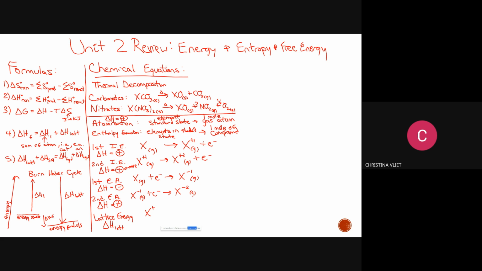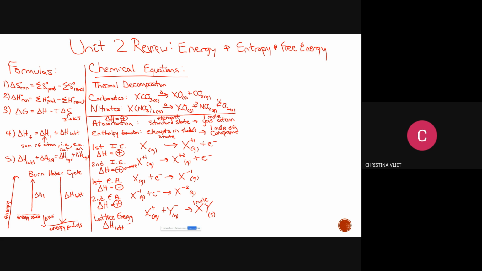It depends on what the ionic compound is, right? X positive gas plus Y negative gas goes to XY, state of matter, to form the ionic compound. What would the state of matter be? Solid at the end. And this is always 1 mole. Once again, all of these are 1 mole of the compound.